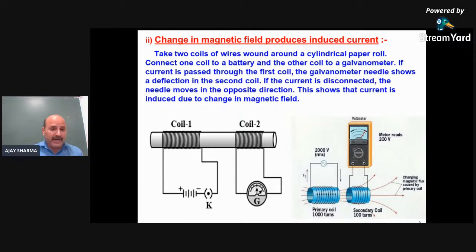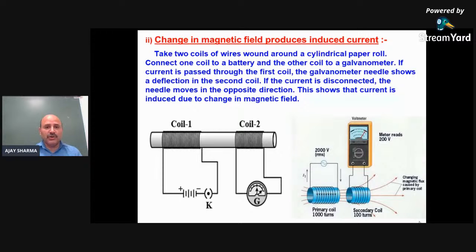So one point which you have to note down, or just memorize: we need a changing magnetic field. We cannot induce current in the coils by a stable or stationary magnetic field. It needs to be a varying magnetic field. And how can it vary?